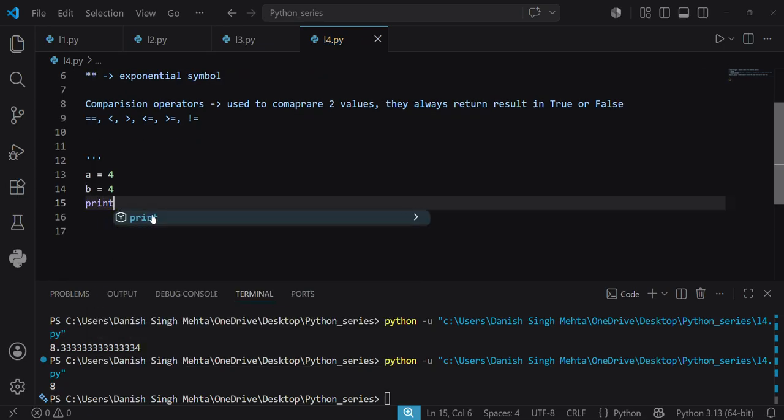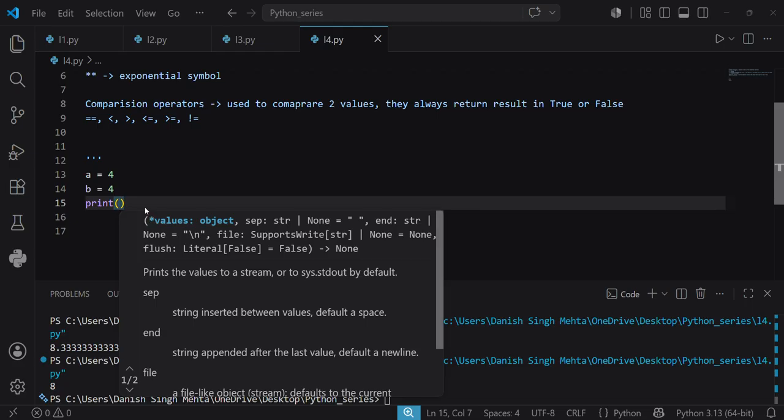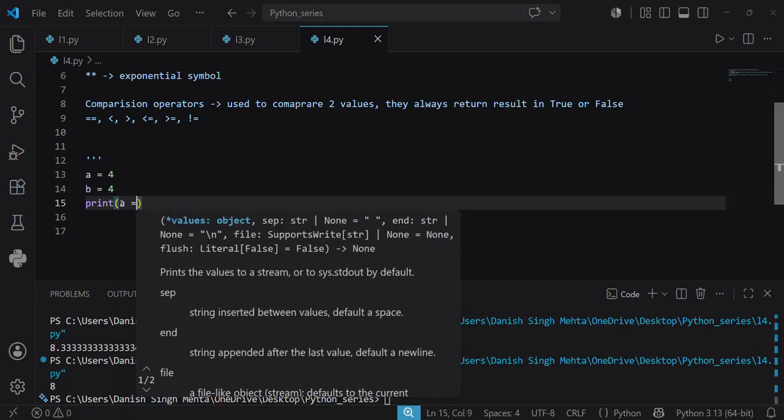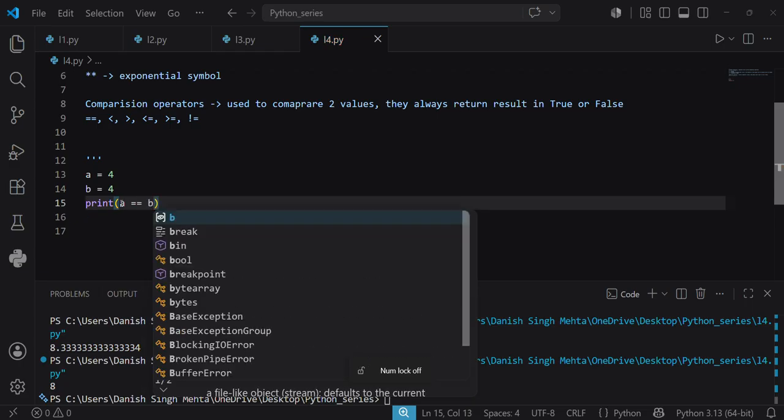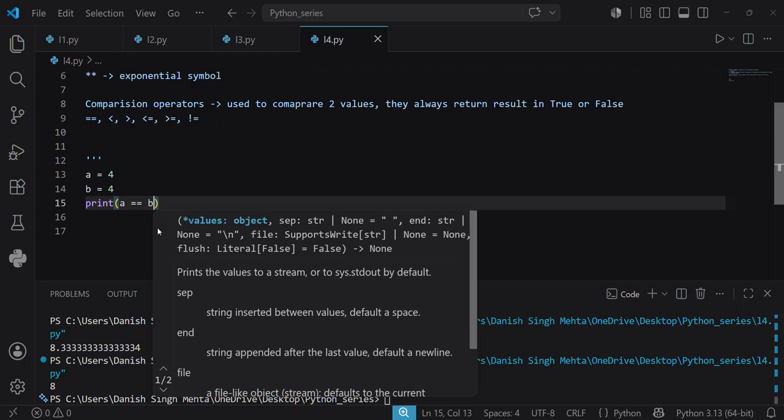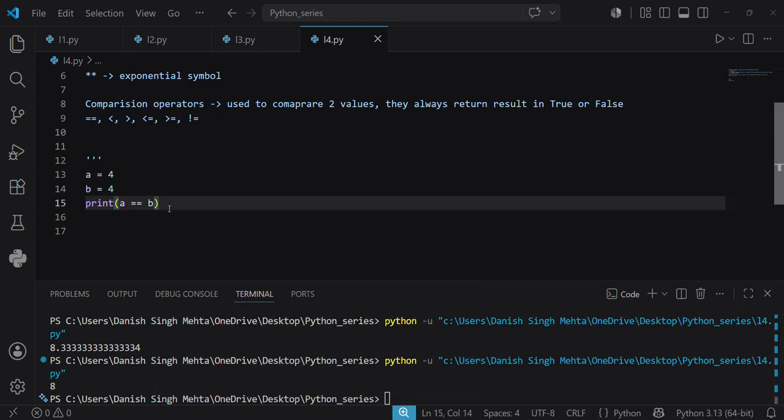And if I want to compare A and B, if I want to know whether the values of A and B are the same, then I will write A equal to equal to B. So here, when I write this, basically I am asking whether the values of A and B are equal.